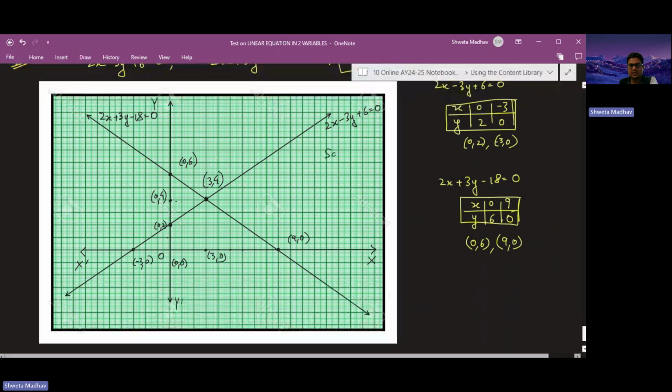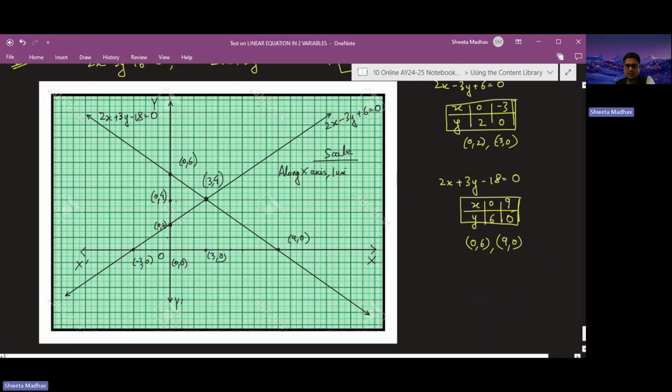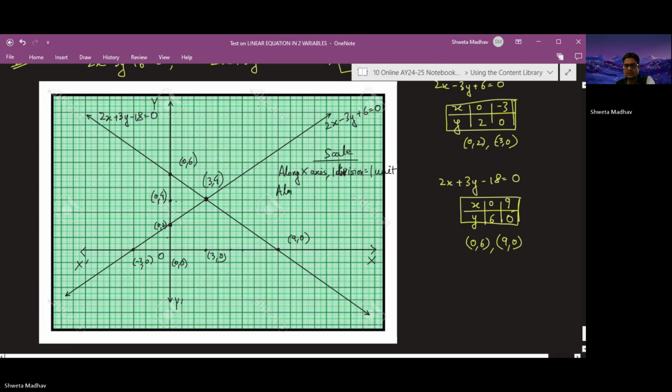The scale is, we should tell that along the x-axis, one division equals 1 unit, and along the y-axis, one division is equal to 1 unit.